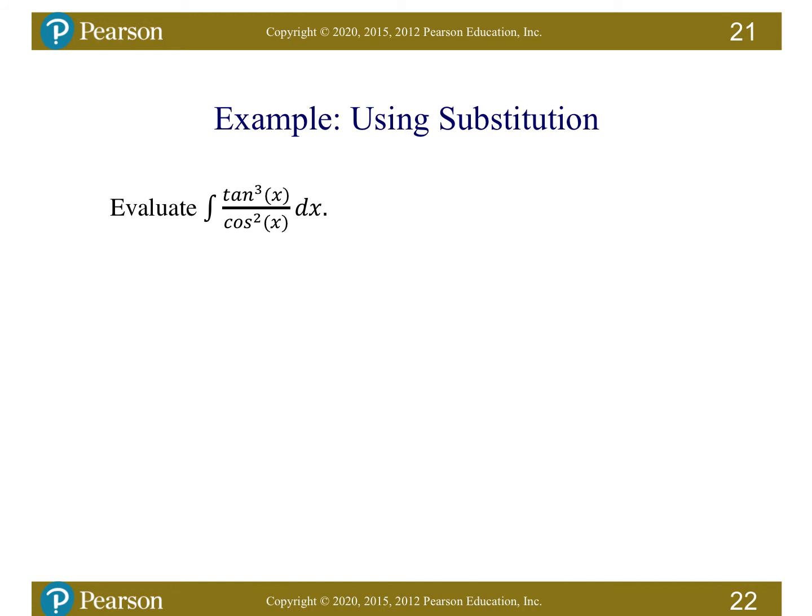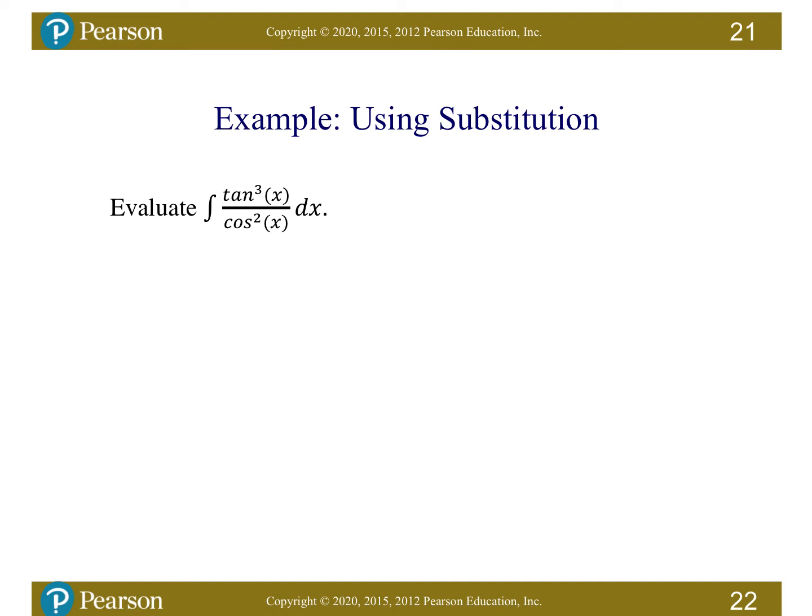All right, here we have a cube and a square. So we have the cube of tangent of x and the square of cosine of x. So we have 2 powers, both with "of". So we're going to choose the higher one.